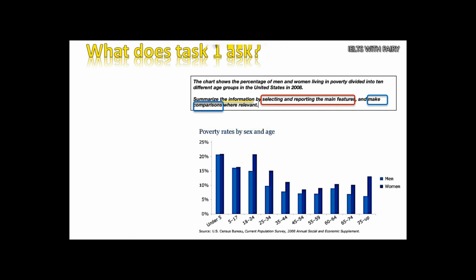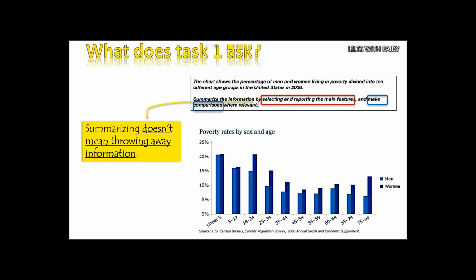Does that mean you just care for important information and leave out other minor information? Nope. Summarizing doesn't mean throwing away information, okay? So we just report main features and make comparisons. How about minor information? I will mention it in.